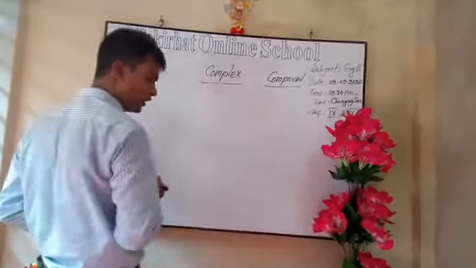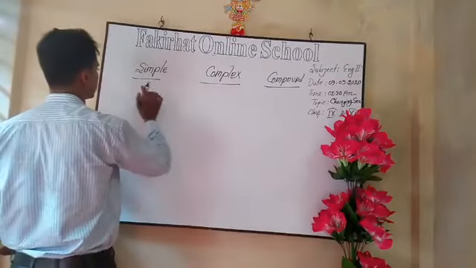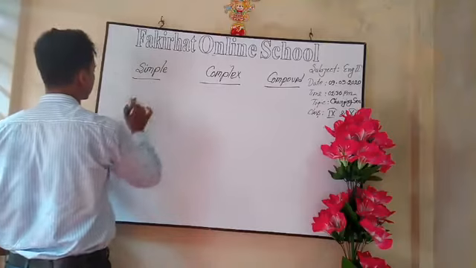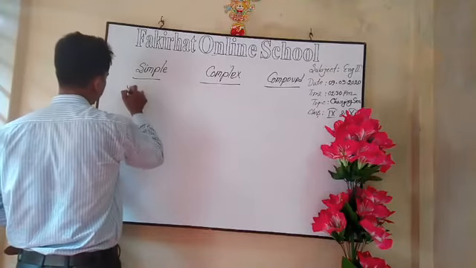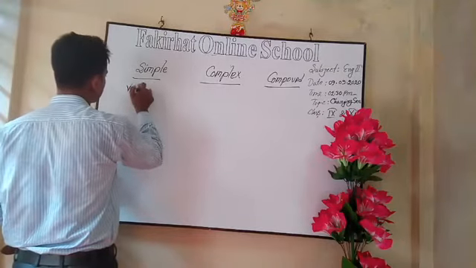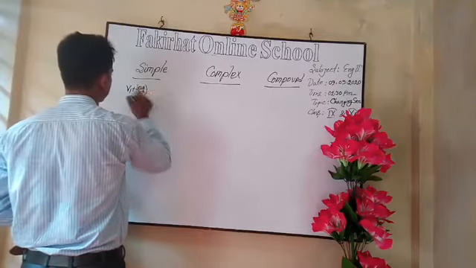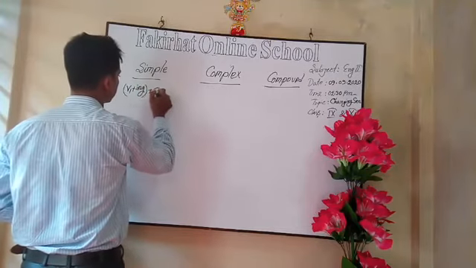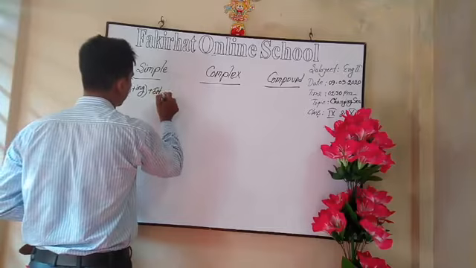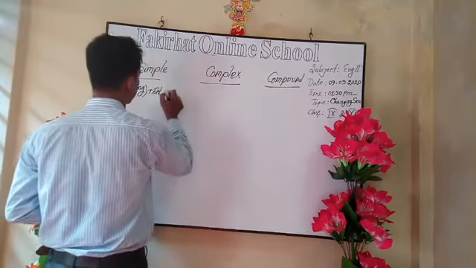So firstly, verb 1 plus ing plus extension, comma, then second clause.